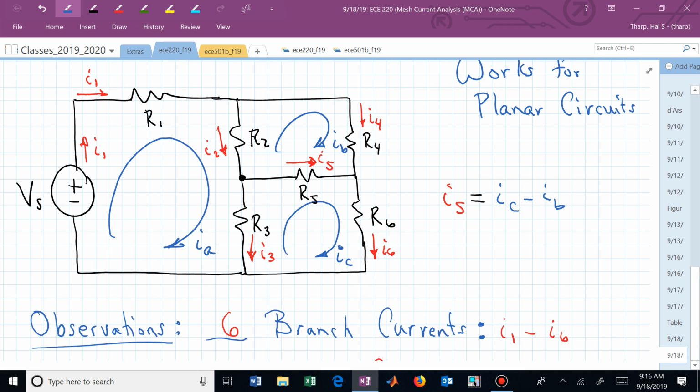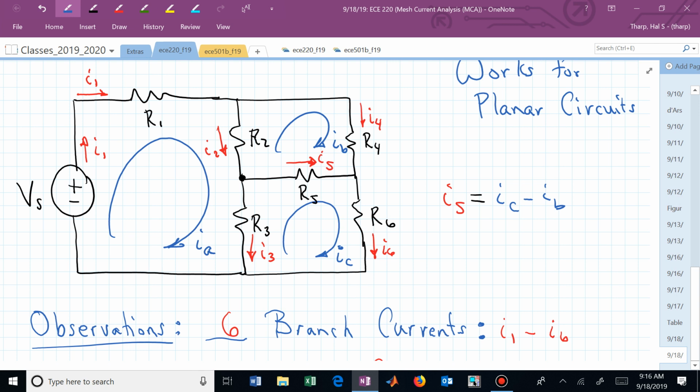Now instead of having to work this circuit with 6 unknowns, we can solve it with just 3 unknown mesh currents. And then we'll back out the branch currents if we need it. So that's the idea. Let's just solve this circuit as cleanly as we can.